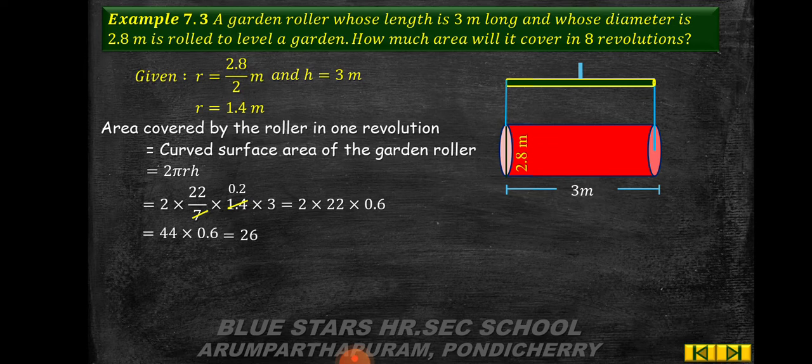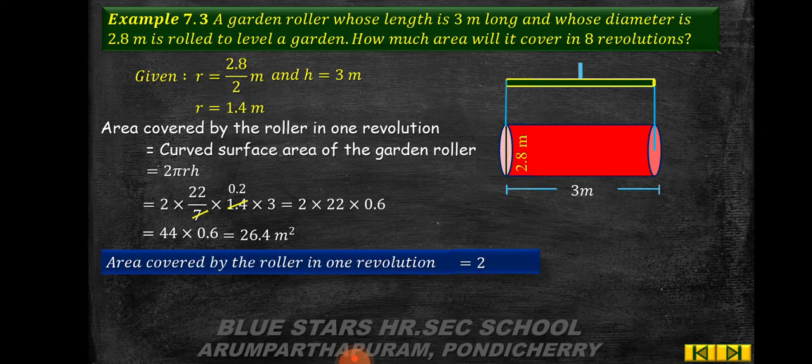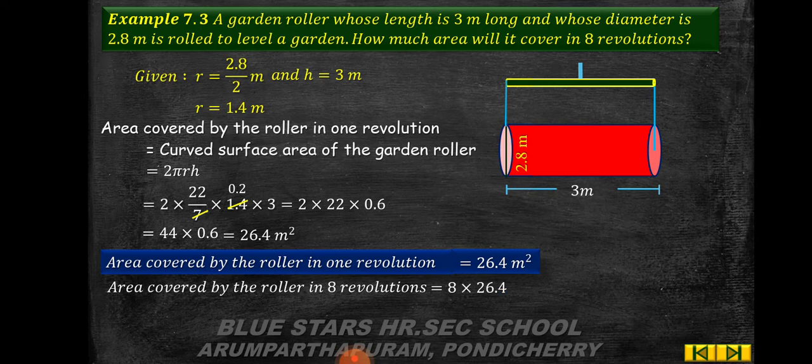You get the value 26.4 meter square. Therefore, area covered by the roller in one revolution is equal to 26.4 meter square. Area covered by the roller in 8 revolutions: 8 into 26.4, you get 211.2 meter square.